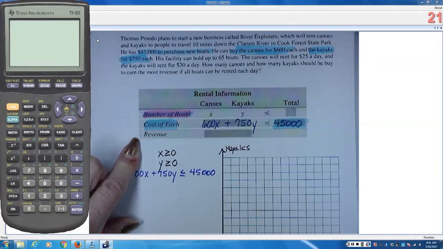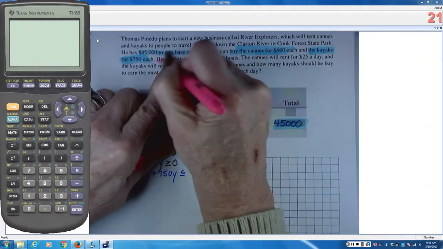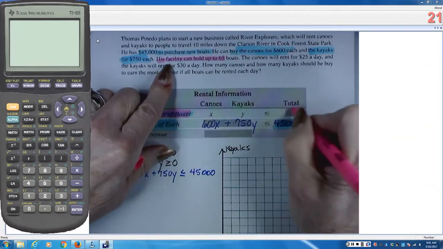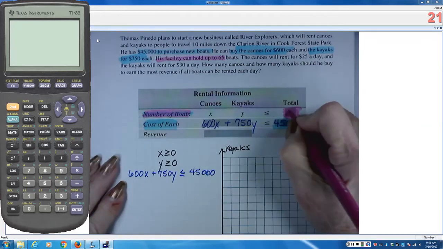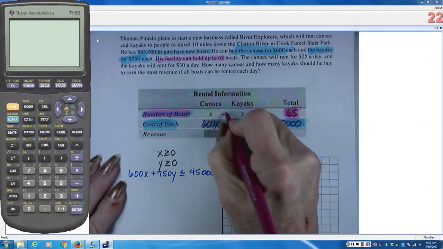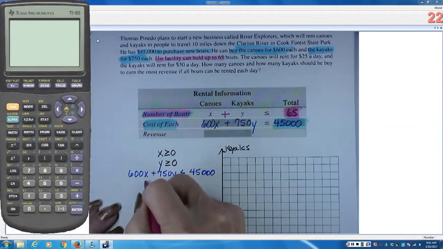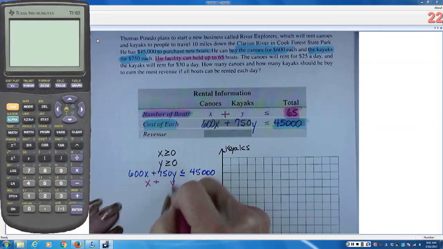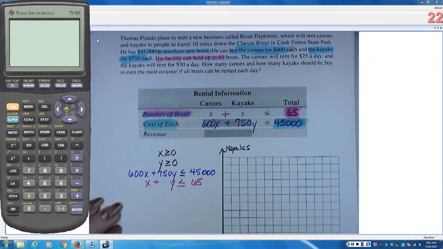He only has a place that he can have as many as 65 boats. So the number of canoes plus the number of kayaks can't be more than 65. So that is x plus y is equal to or less than 65.